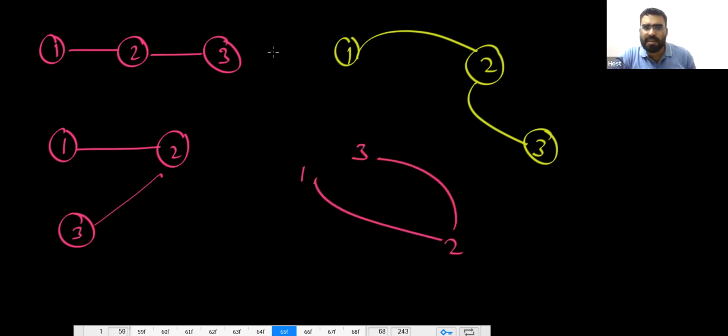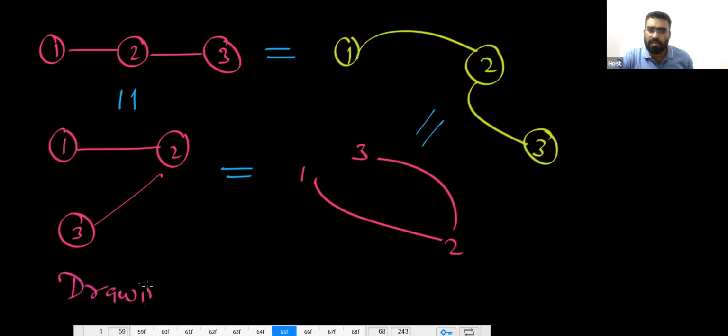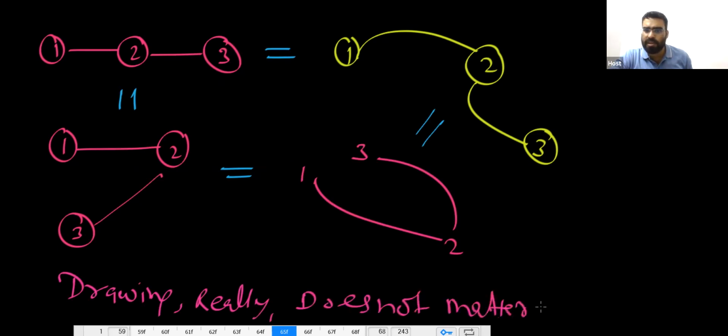Yes, all these graphs are same, because remember, a graph is an abstract structure. Do you remember? Yes or no? So it does not matter how you draw it. The drawing really does not matter. So don't say that these are different graphs, because a graph is an abstract structure.